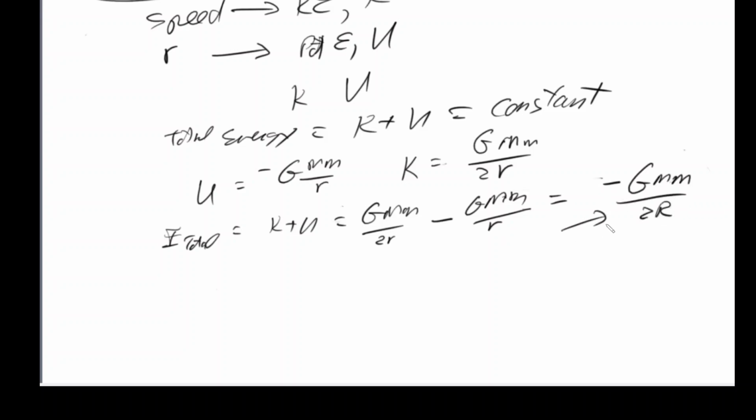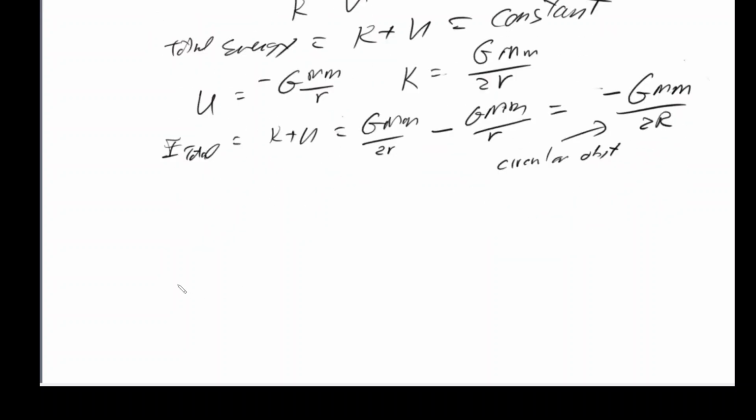So that is the total energy in a circular orbit. Okay, if we were looking at an elliptical orbit, then E total would be equal to minus G M m over 2a, and that's for an elliptical orbit.